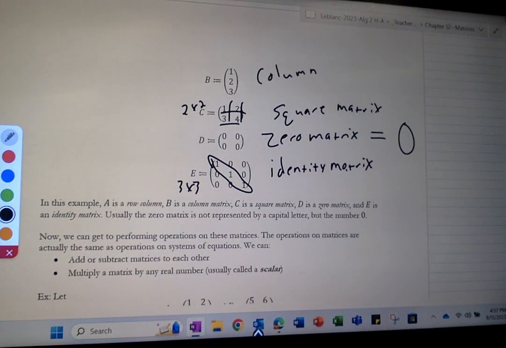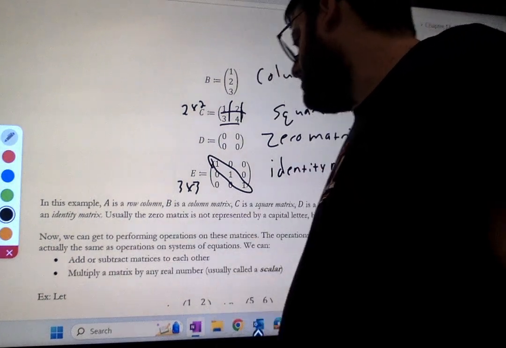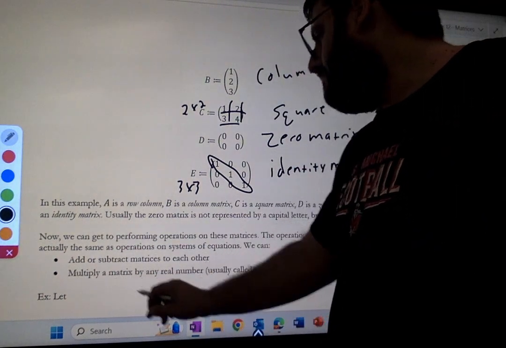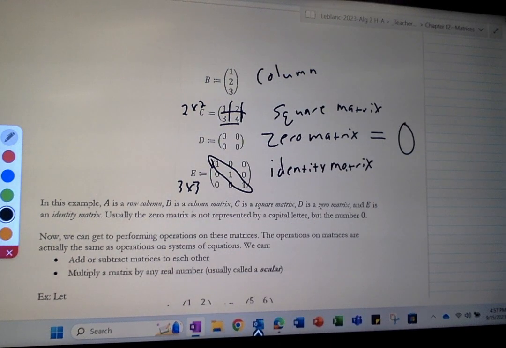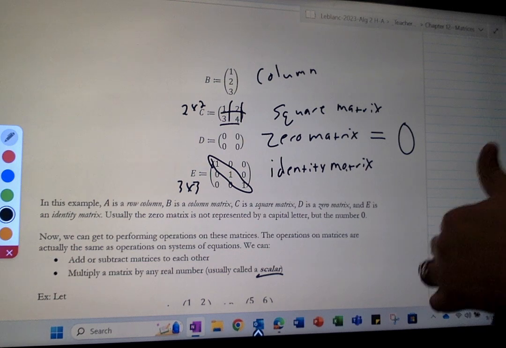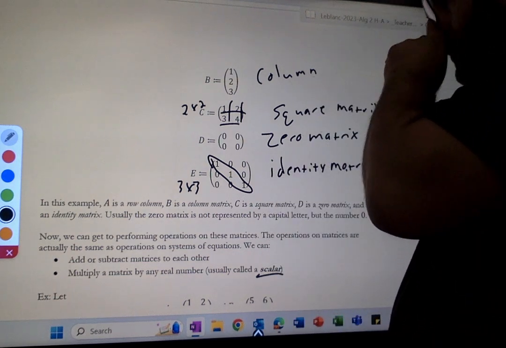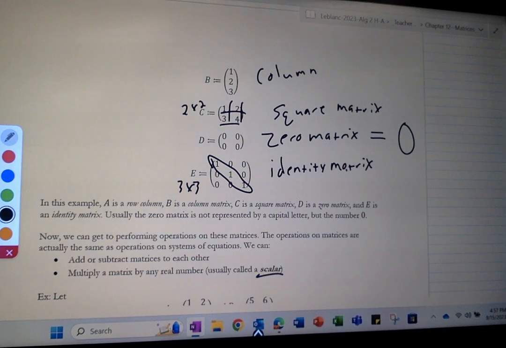In a similar way, we can do the same thing with matrices. We can add or subtract matrices to each other, and we can also multiply a matrix by any real number, which is usually called a scalar. Eventually we'll get to actual matrix multiplication, but right now, I just want to focus on addition, subtraction, and scalar multiplication.